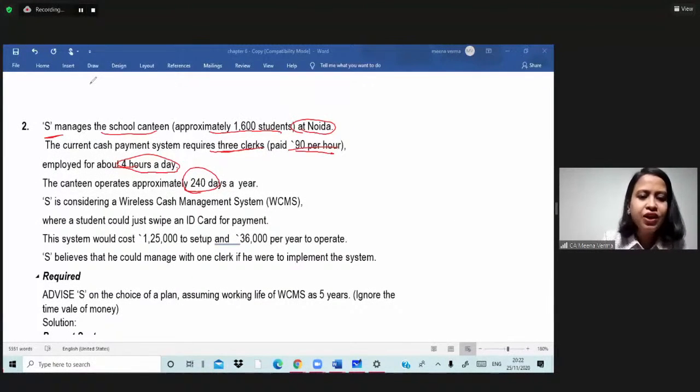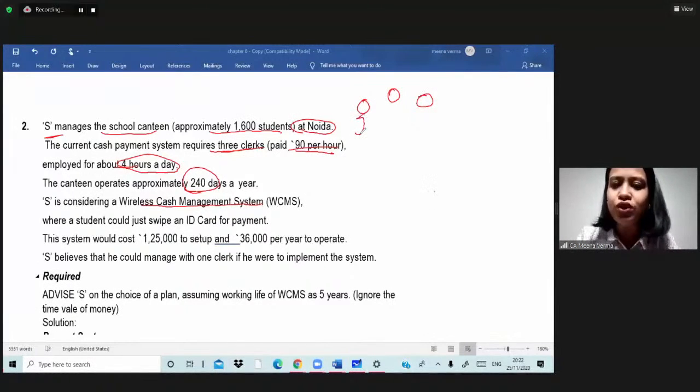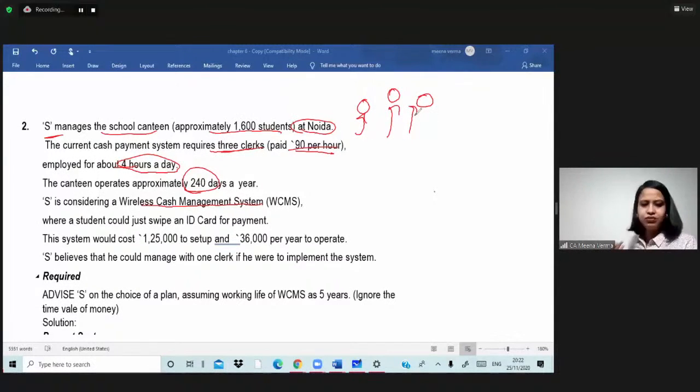Mr. S is considering a wireless cash management system. Now the organization is trying to consider the wireless cash management system. See what happened previously. They have three clerks sitting there, and whenever a student orders something, they take the money, deduct the amount, and return the balance money to the student.